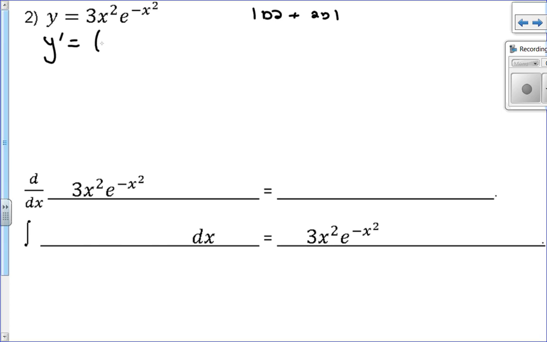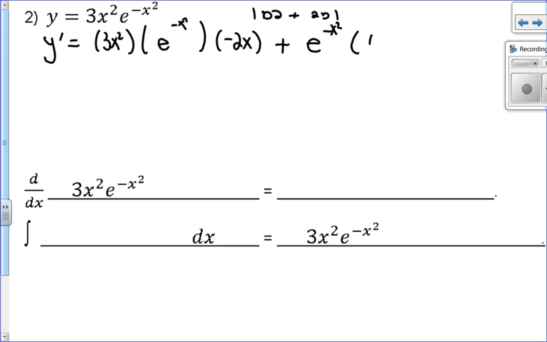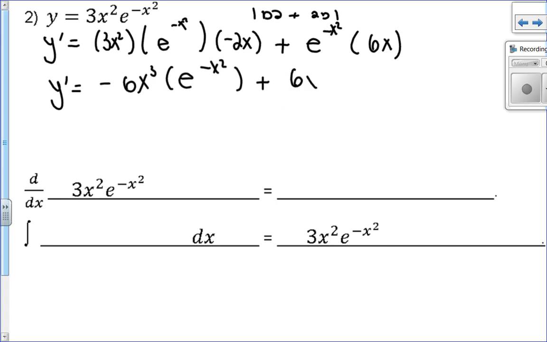So 1 is 3x squared times d2, e to the negative x squared, and then the derivative of the exponent, negative 2x, plus 2, e to the negative x squared, times d1, the derivative of 3x squared, which is 6x. Let's tidy that up a little bit. I've got negative 2x times 3x squared, negative 6x cubed, multiplied by e to the negative x squared, plus, we'll just write the 6x up front.